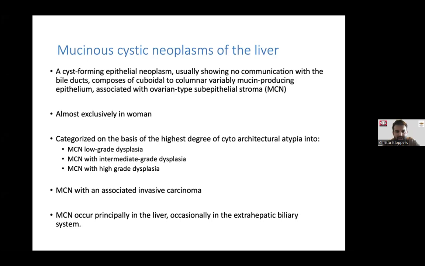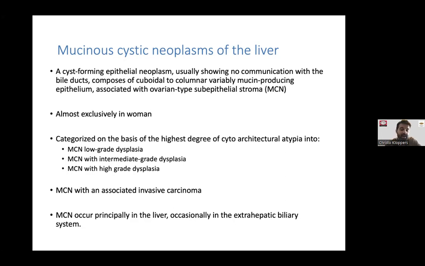It's categorized on the basis of the highest degree of atypia, similar to the cystic lesions in the pancreas. So it's mucinous cystic neoplasm with low-grade dysplasia, intermediate-grade dysplasia, or high-grade dysplasia. And then you get mucinous cystic neoplasm associated with invasive carcinoma.